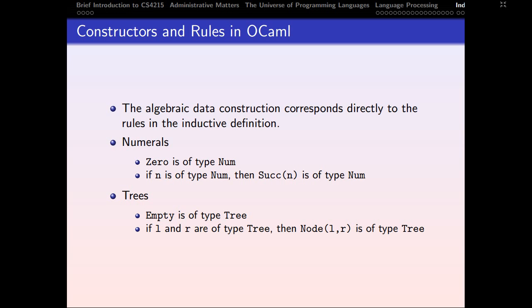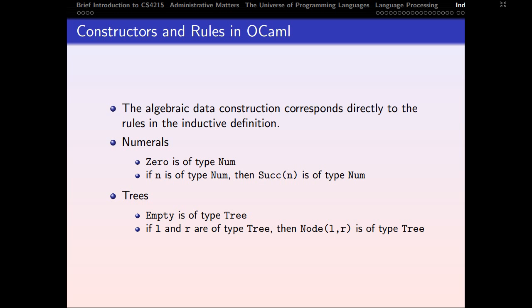Okay, so this is pretty much what I have already explained. Note that there's a very clear mapping from the inductive rules to the type definition. And that's going to be one of the advantages of OCaml.